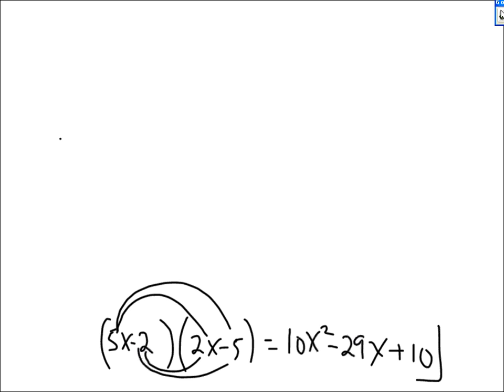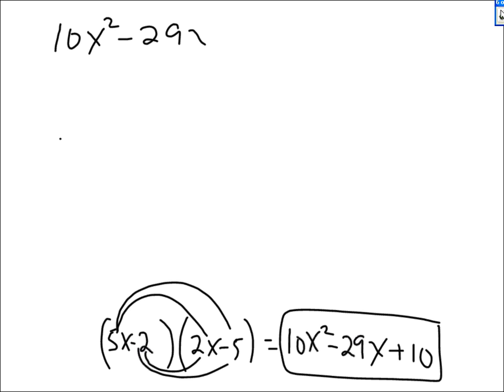So I'm going to start off with this problem and we're going to try to factor it. 10x squared minus 29x's plus 10. The first thing you should ask yourself is, can I factor out anything? And 29 is prime. That is, other than 1, the only number that goes into 29 is 29. And sorry, but 29 doesn't go into the tens.